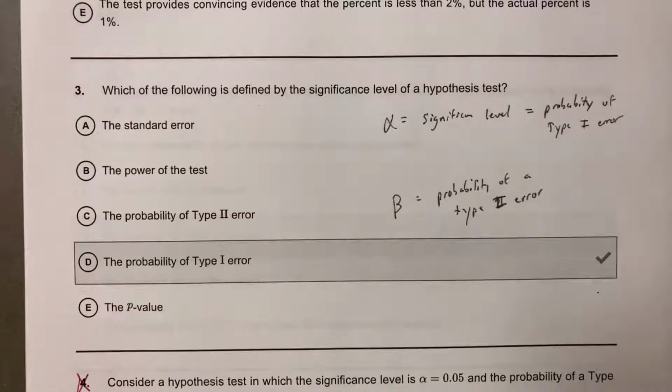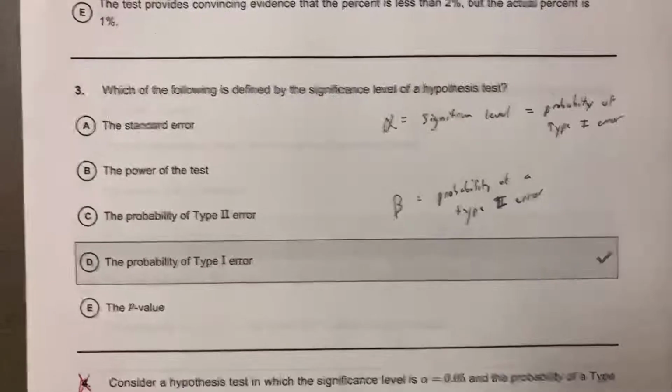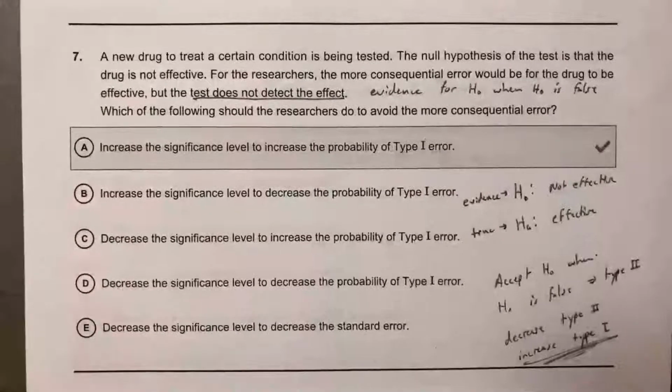There's something called power of a test, and we're going to get into that after Christmas break. So we're actually going to skip questions 4, 5, and 6 because those are talking about beta and power. So we're going to pick up on question 7 here.